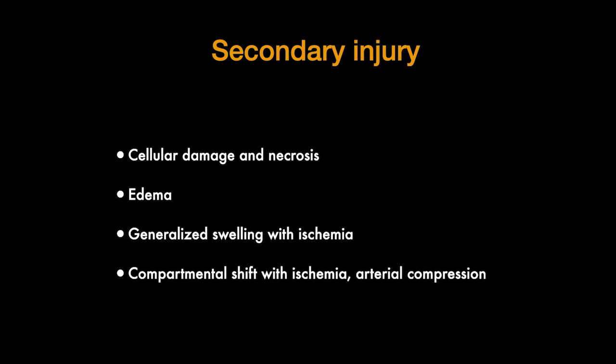If you have a mass effect by an epidural hematoma, for example, one part of the brain will herniate through the normal defects in the dura, including underneath the falx or across the tentorium, and that can also lead to arterial compression and ischemia.